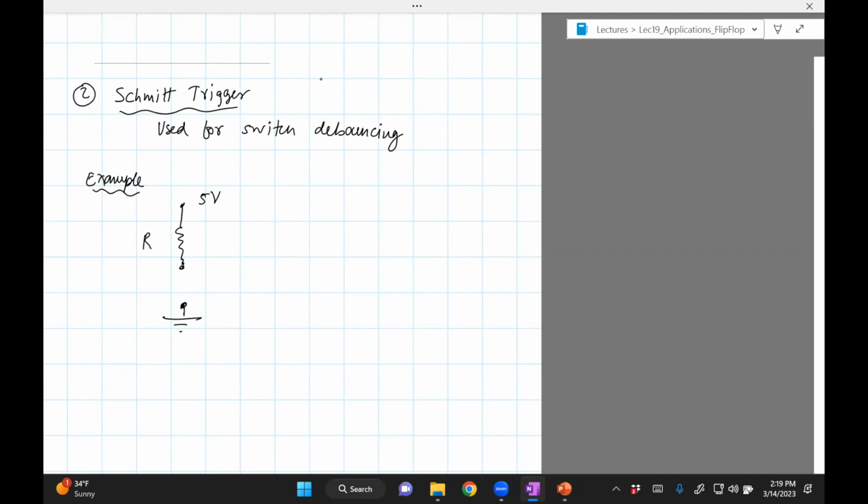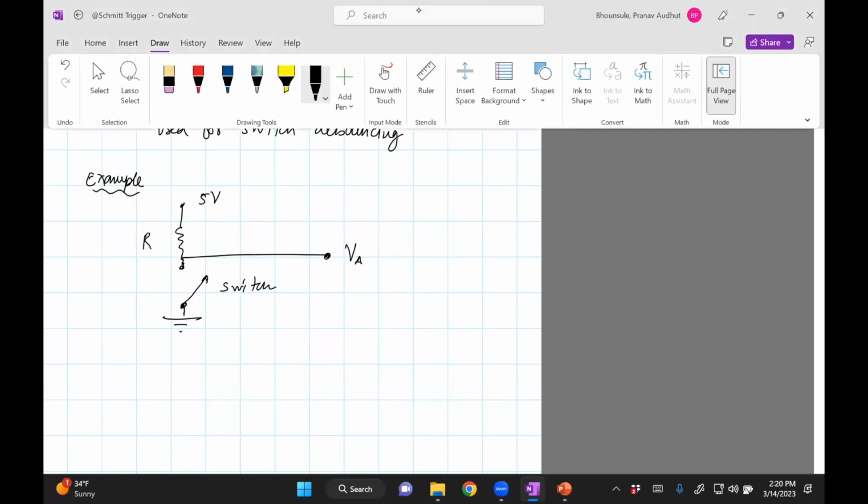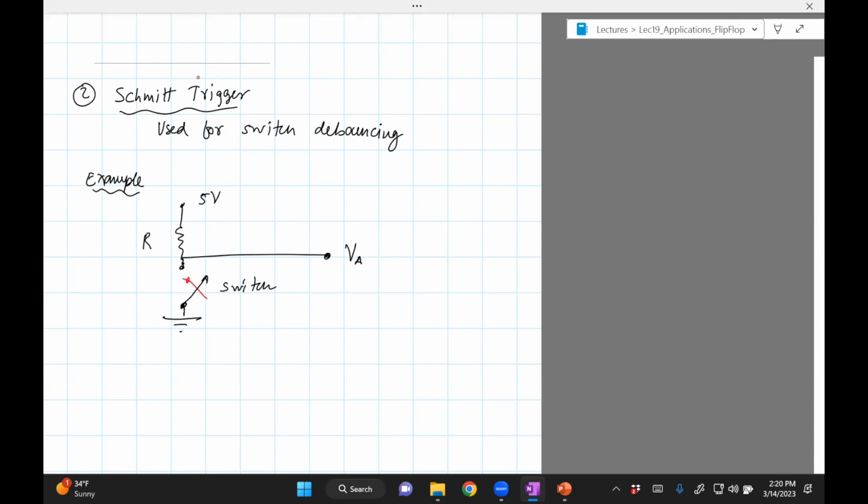What you want to do is have a switch here, so that you measure the output across this point and the ground. So what you do is close the switch, which completes the circuit. You get a certain output, VA.